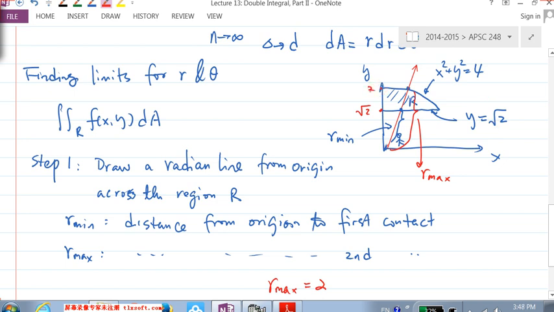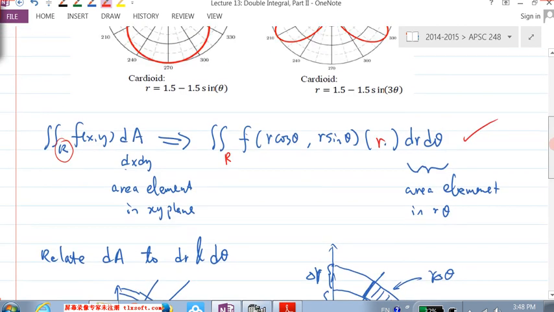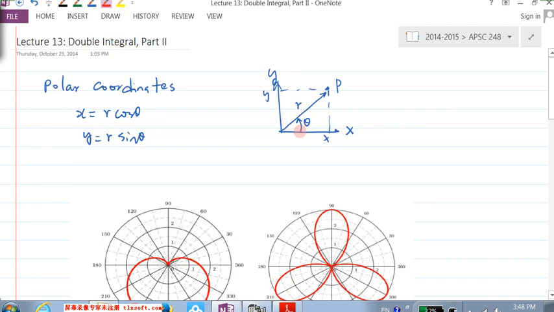Before we do that, let's put down another piece of information. What's the definition of theta? Theta is always the angle starting from the x-axis, up to this radial line here.